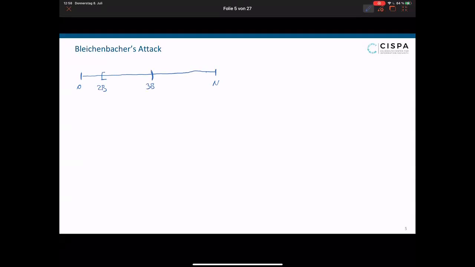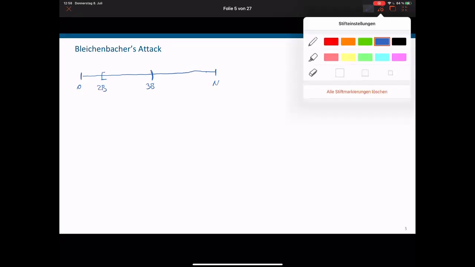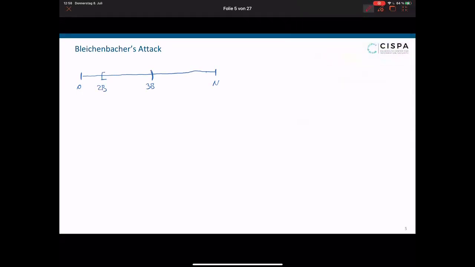So I'm writing this as an open interval. So we know valid ciphertexts are basically the RSA function applied to some message which is in this interval. Okay, so for starters, we know that our friend M prime is in this interval.